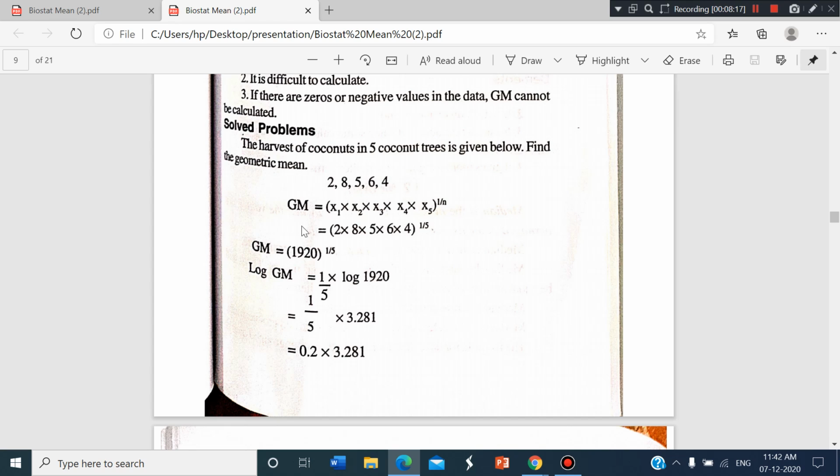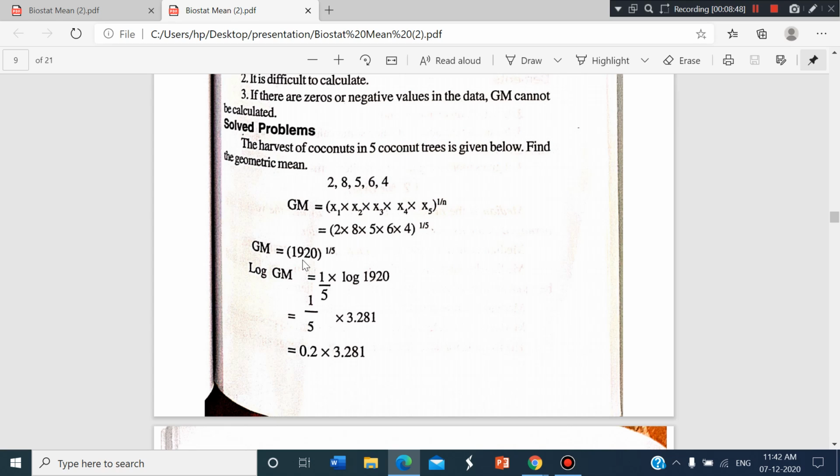The first value is 2, the second value is 8, the third value is 5, x4 is 6, and x5 is 4. So 2 into 8 into 5 into 6 into 4 whole raised to 1 upon 5. If you multiply this, it comes to 1920 whole raised to 1 upon 5.